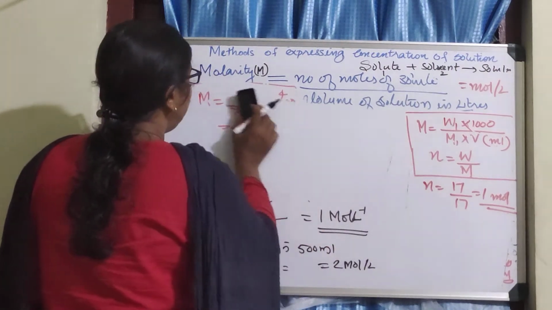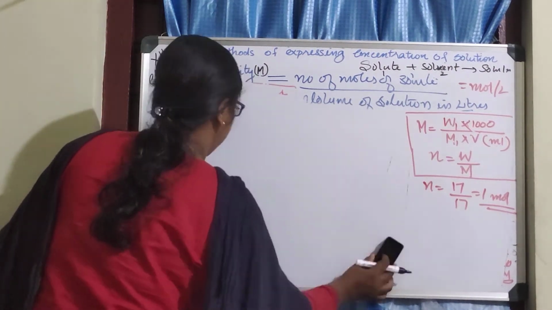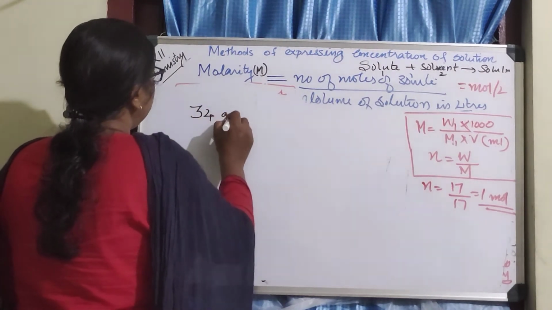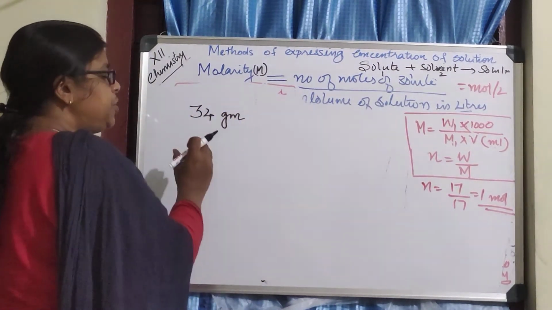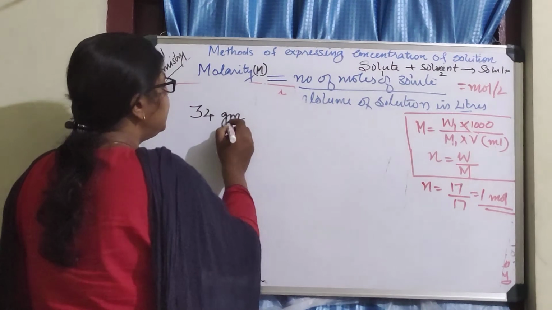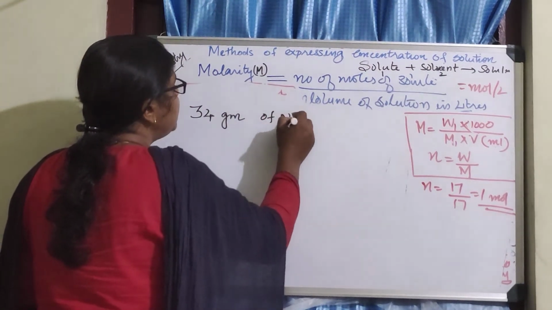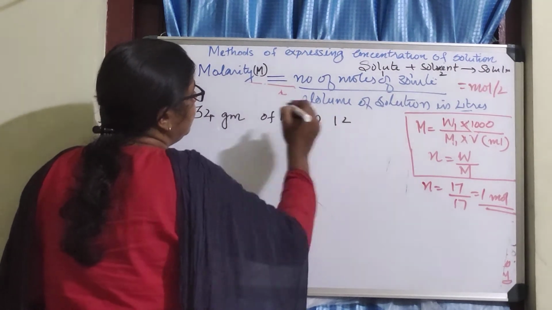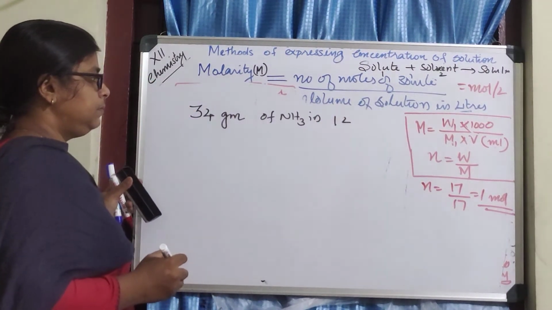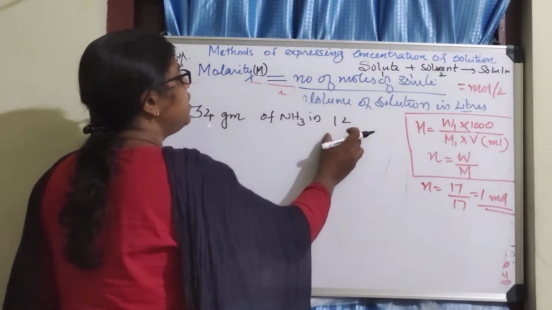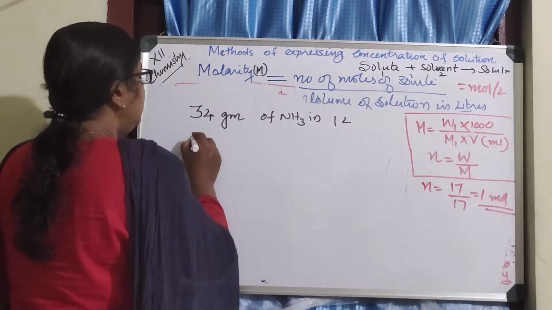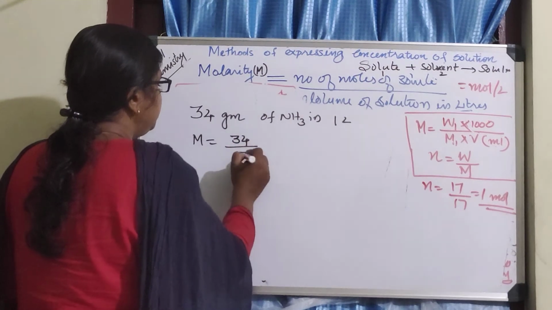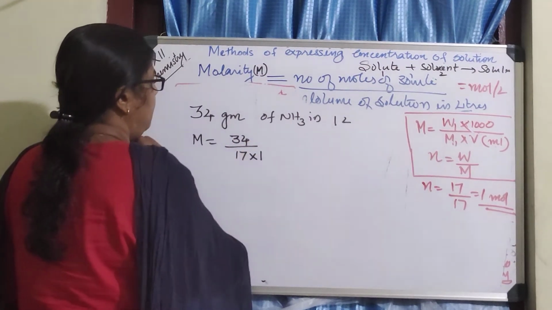അപ്പോൾ നോക്കിയേ, ഇവിടെ നമ്മൾ 17 എന്നതിന് പകരം if you have a solution that contains 34 gram of NH3 in 1 liter, we are keeping the volume constant. What happens? So what is the molarity of the solution? 34 by 17 into 1.